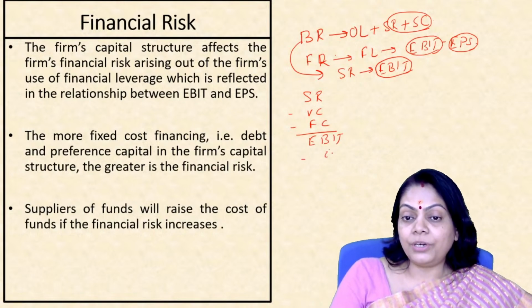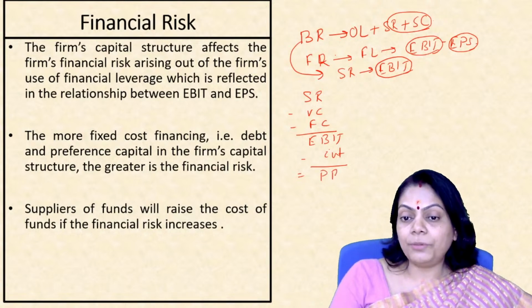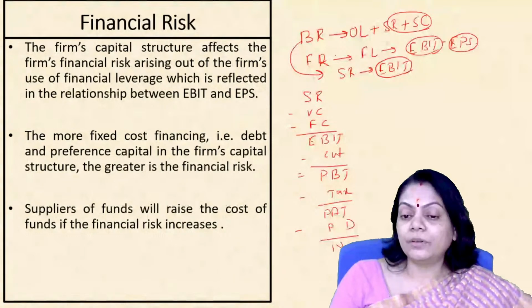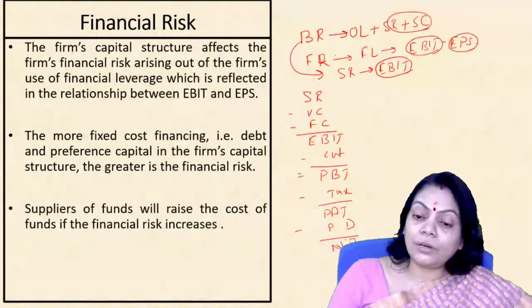Then from here we deduct the interest, so we reach profit before tax. From here we deduct the taxes and we reach net profit or profit after tax. From here, if we deduct the preference dividend, we reach, let us say, net profit. So this is how our figure goes.